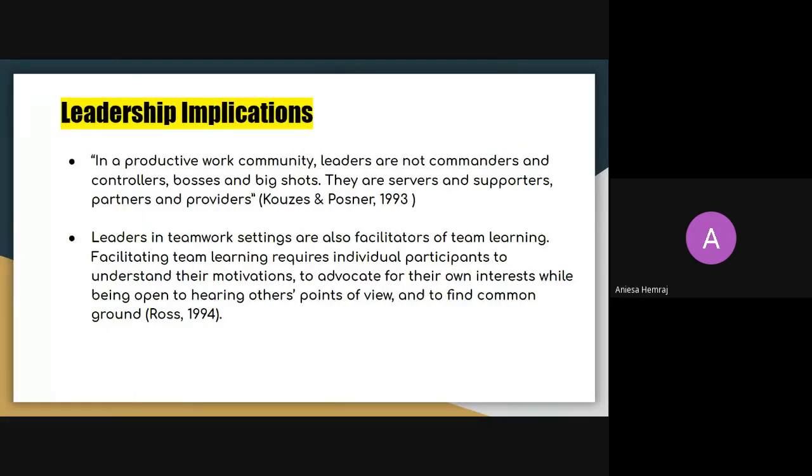In a productive work community, leaders are not commanders and controllers, bosses and big shots. They are servers and supporters, partners and providers. Leaders in teamwork settings are also facilitators of team learning. Facilitating team learning requires individual participants to understand their motivations to advocate for their own interests while being open to hearing other points of view and to find a common ground.